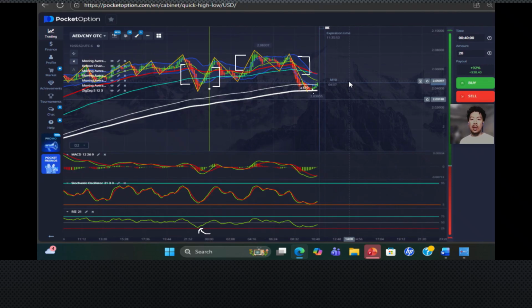Now, normally speaking, I don't do over 40 minutes for the most part, especially this early in the day. I generally will go longer later in the evening because it's slower and more consistent when it comes to direction. But in this case, I know I can squeeze 40 minutes out of this because there's at least four candles where it's continuing in one direction.